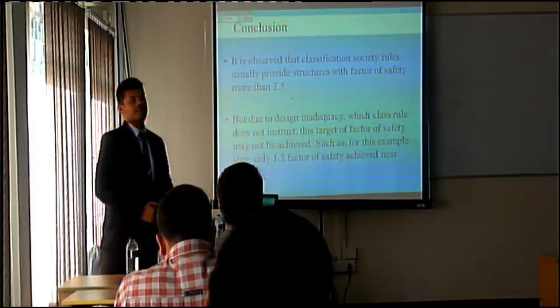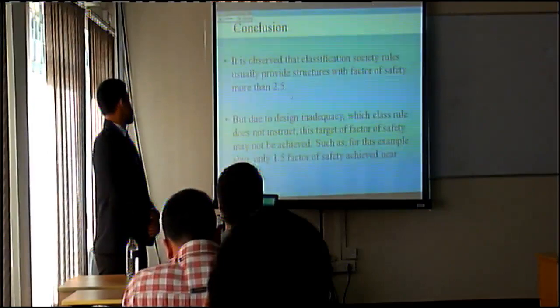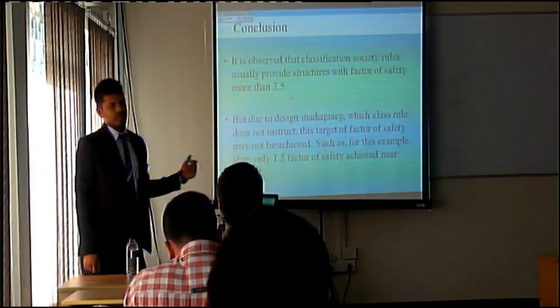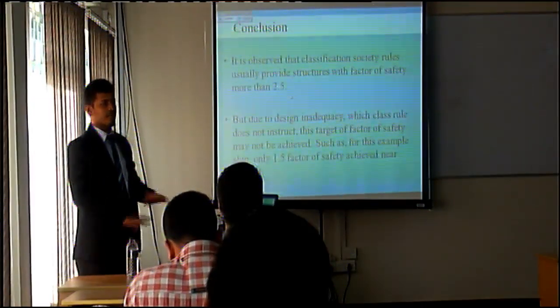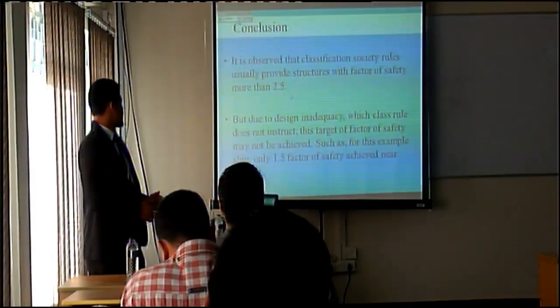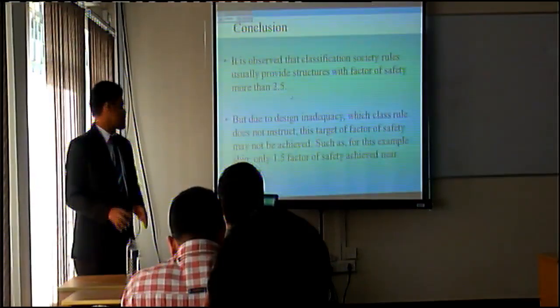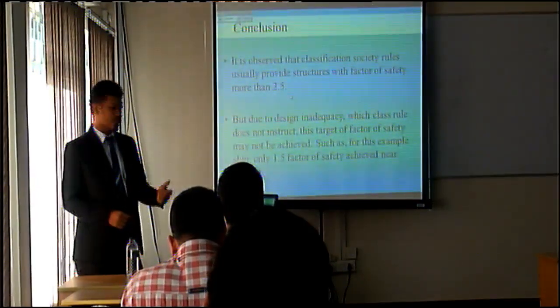Generally, the rules book provides a structure with a factor of safety greater than 2.5. But in this analysis, we have seen that in some points the factor of safety is less than 1.5. This happened due to design inadequacy in some points. So our objective is to increase the factor of safety at those points.